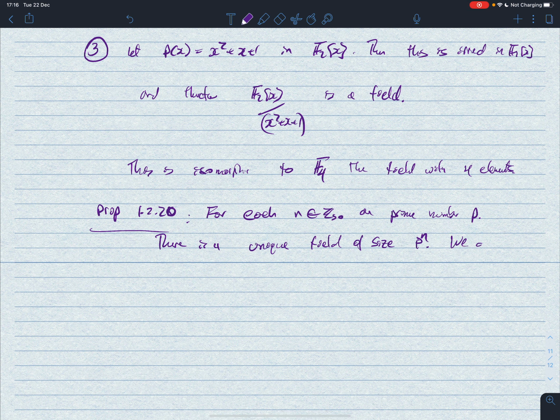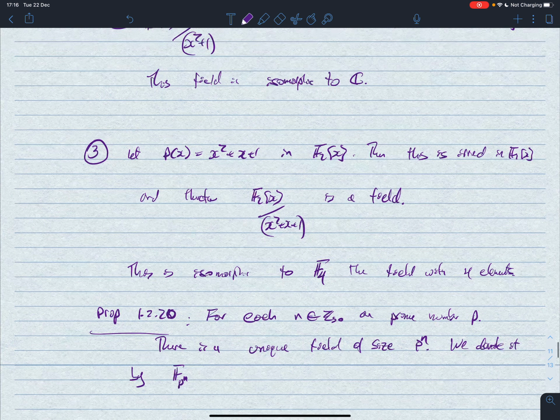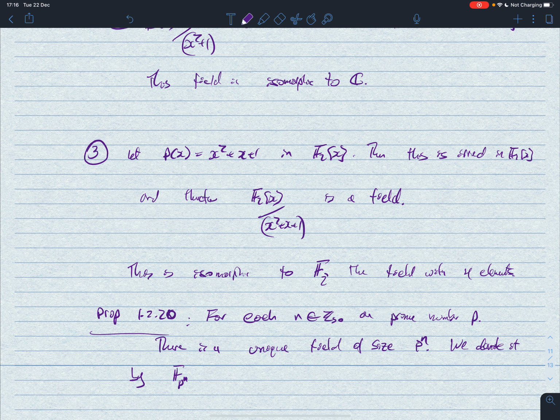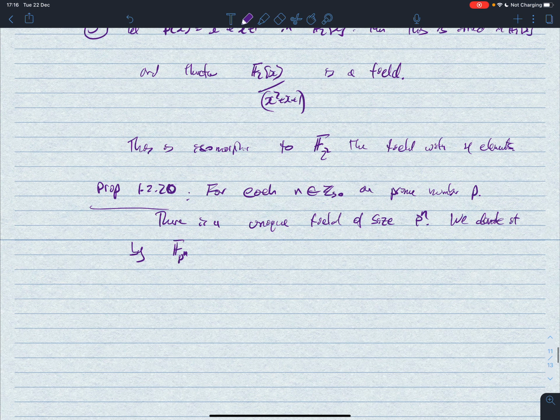We denote it by F_{p^n}. So maybe I shouldn't have called this F4, I should call it F_{2^2}.